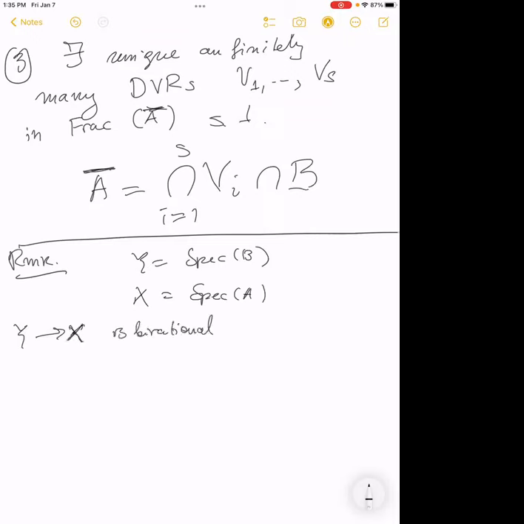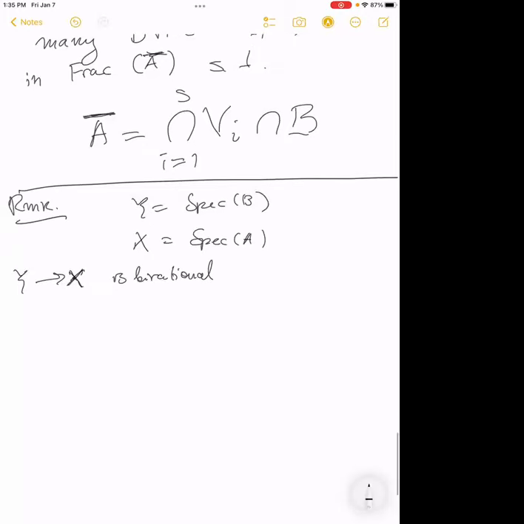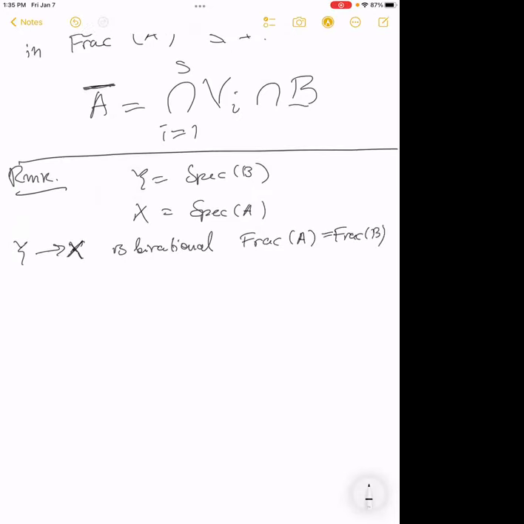Algebraically, this means the field of fractions of A and B coincide. So, in fact, let's work over the complex numbers here. So A and B, assume that they are complex analytic algebras. And I start with a meromorphic function on X. So here is my X.